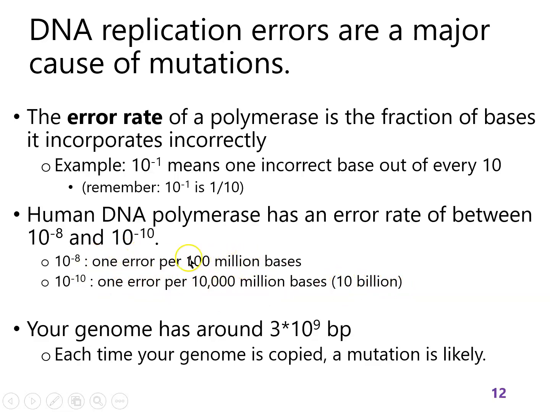If the error rate is like this, you're going to have several mutations every time your genome is copied. If this is your error rate, every daughter cell you make will have mutations. If this is the error rate, you'd have to divide about 3 times before you'd expect to see a mutation.